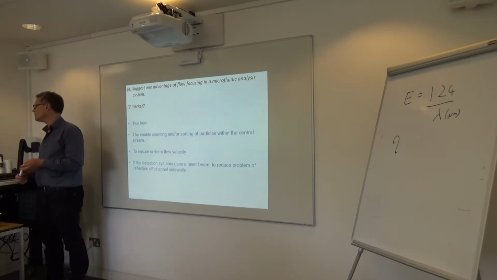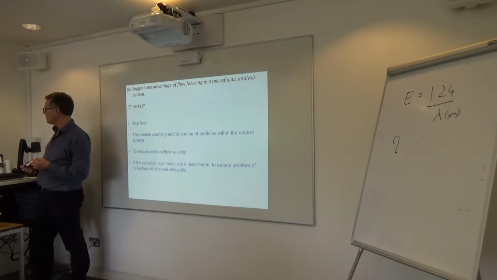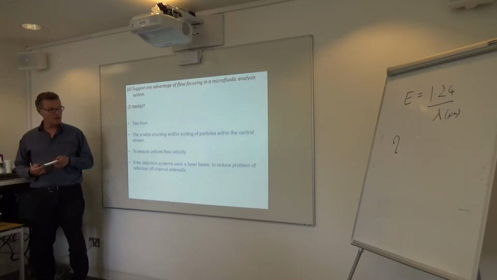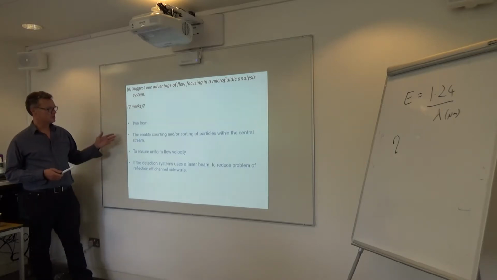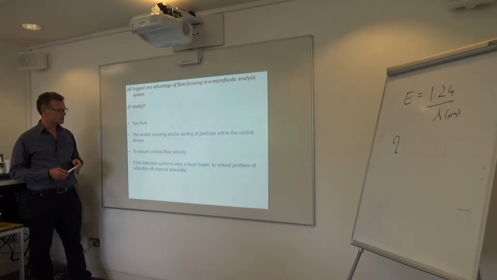D, suggest one advantage for flow focusing in a microfluidic analysis system. So I've got possibly 3 answers here that I would write down, assuming there's no negative marking, and they'd probably accept 2 from these answers. There's a typo there, sorry.